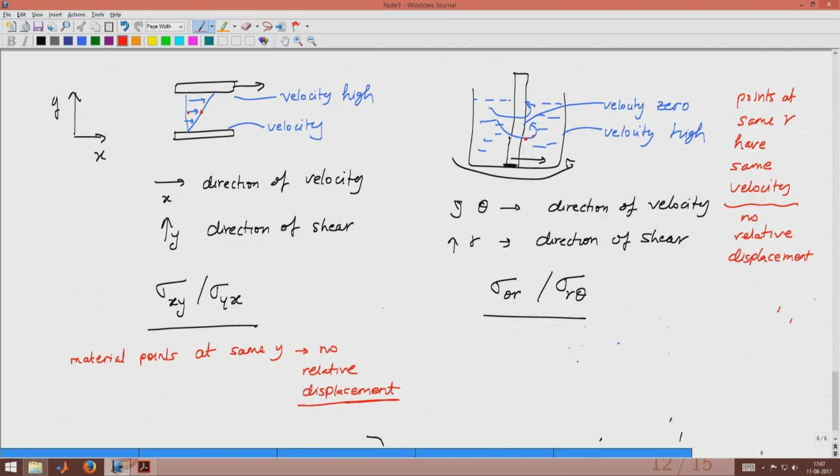We are talking about displacement, which is how much a material particle gets displaced. We are talking about velocity, which is how fast or slow the material points are getting displaced, and clearly what is more important in all of these cases is the relative displacement or the relative velocity.